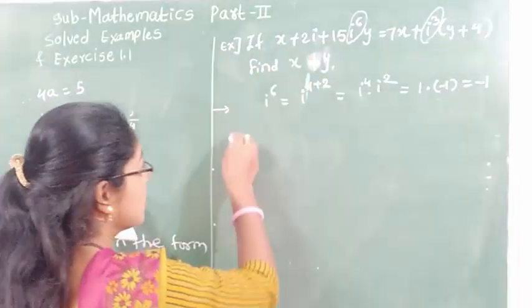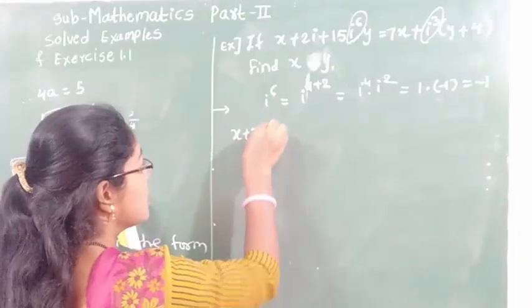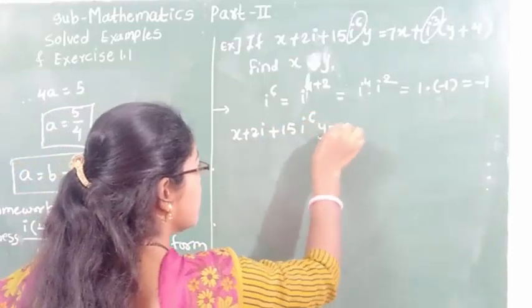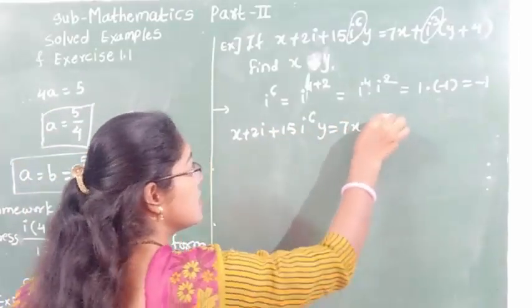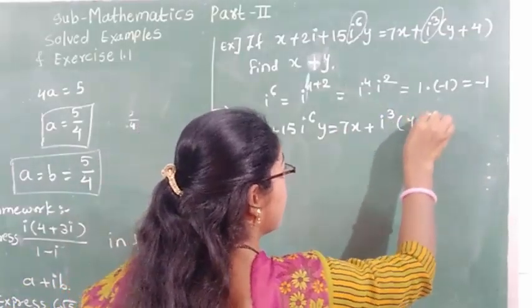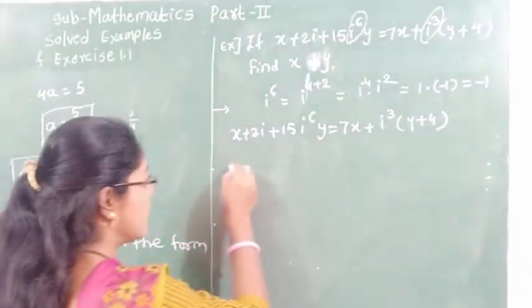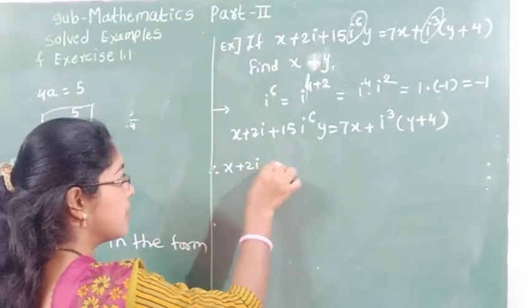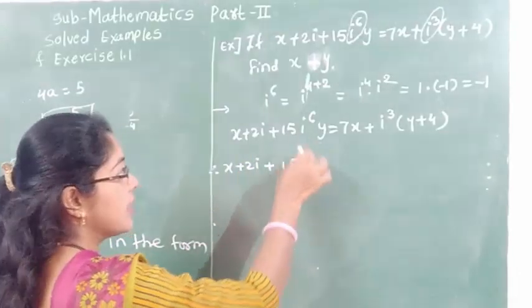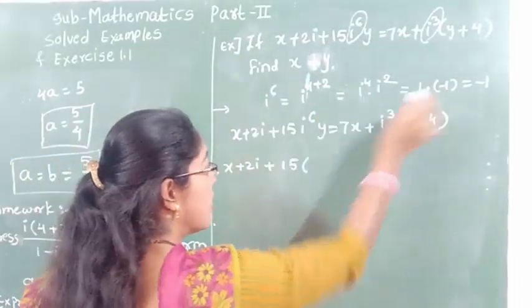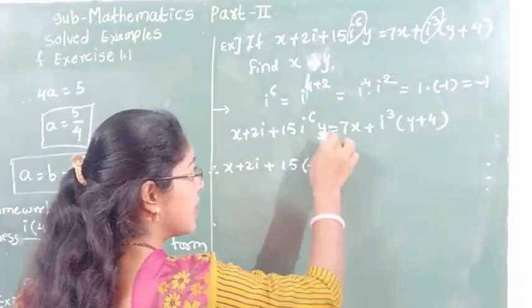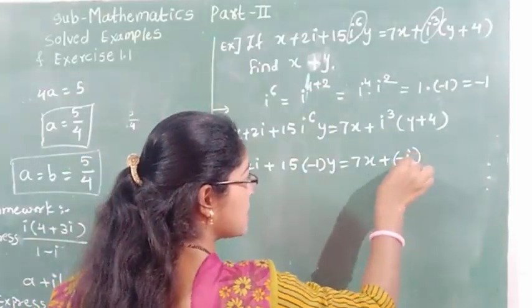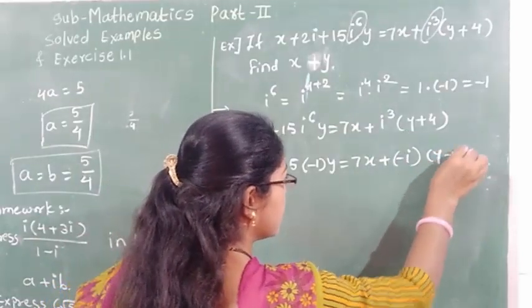Therefore we have the equation x + 2i + 15 i raised to 6 into y is equal to 7x + i cube into y + 4. We write it as x + 2i + 15 into minus 1 into y is equal to 7x + i cube, which is minus i, into y + 4.